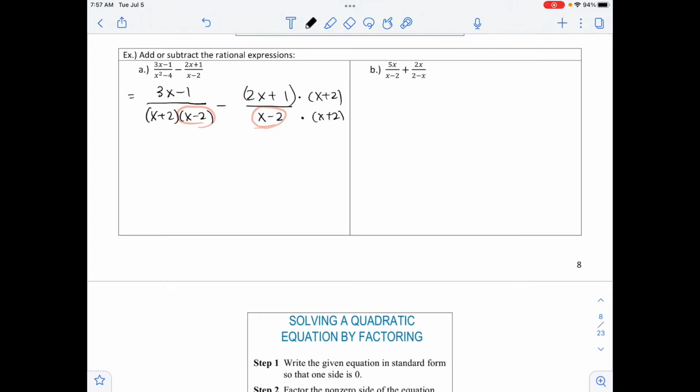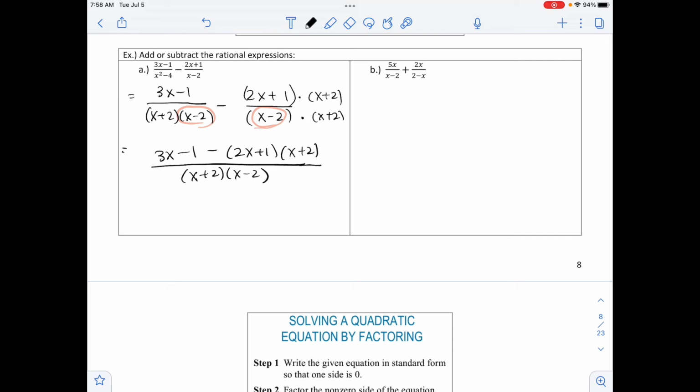I'll put some parentheses around these. And so from here, we are going to have a common denominator of x plus 2 and x minus 2, and I'll put the whole thing over that. Then we have 3x minus 1 minus 2x plus 1 times x plus 2.